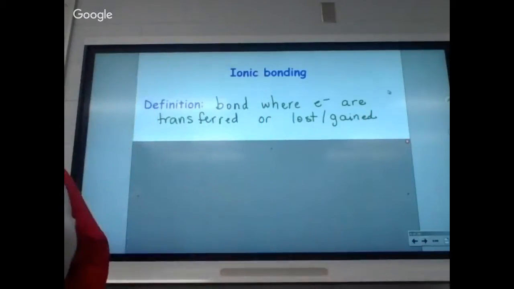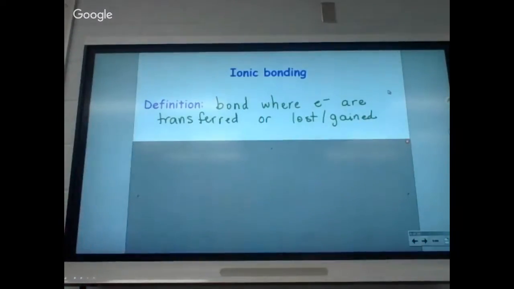Depends on the author of the definition or the text as to which one they like. They mean the same thing, so it doesn't matter which definition you use. It basically means I have it and I give it to someone else. I lost it, someone else gained it. I transferred it to John.